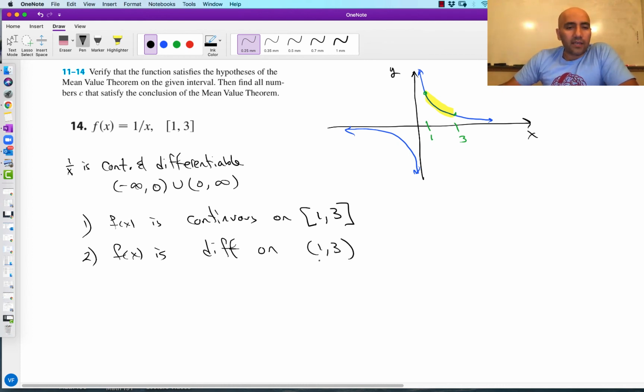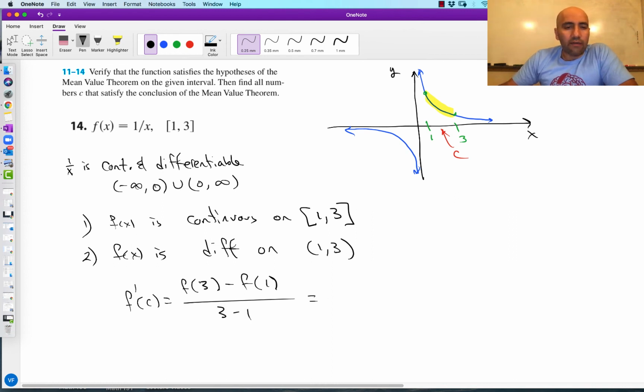Okay, so because that's true, then the mean value theorem guarantees that there must be at least one value c somewhere in here, such that f prime of c is going to be equal to f of 3 in this case minus f of 1 in this case divided by 3 minus 1.